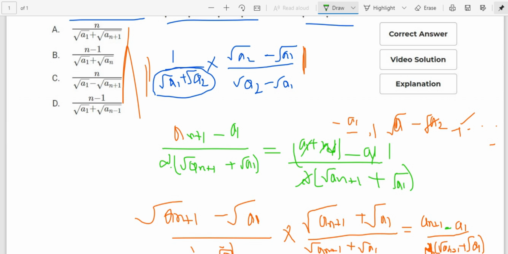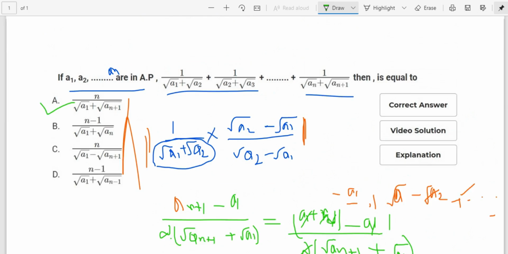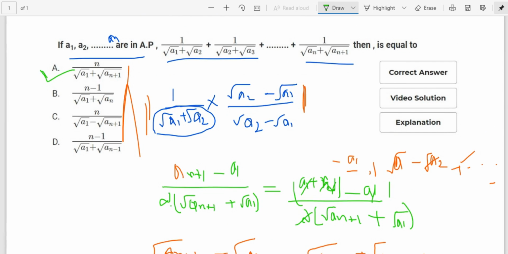So here I'm getting 1. So it is 1 into n, n is not cancelled, n into 1, that is n. So n by under root a n plus 1 plus under root a1 is the correct option, isn't it? So option a is the correct option for this given question, isn't it?